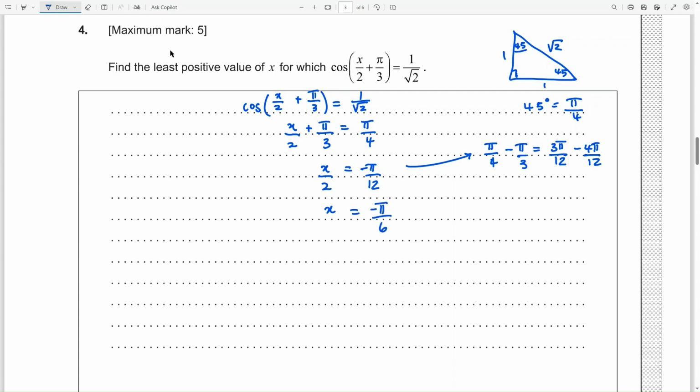But note, the question said the least possible positive value. That's negative. So we're going to need to use the cos diagram to figure out what other values can give you a positive answer. Let's see.